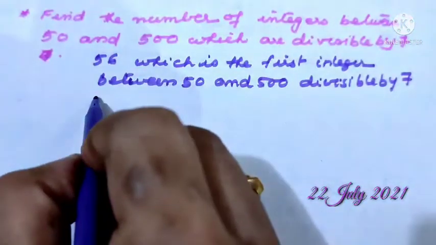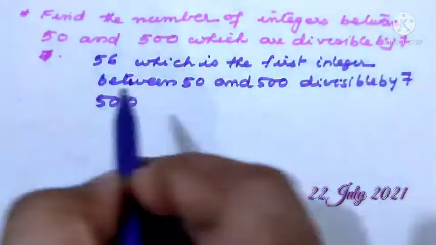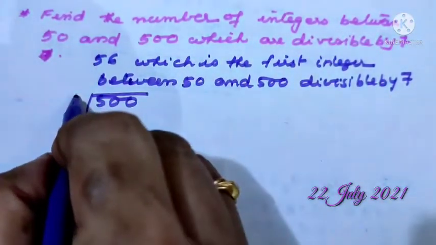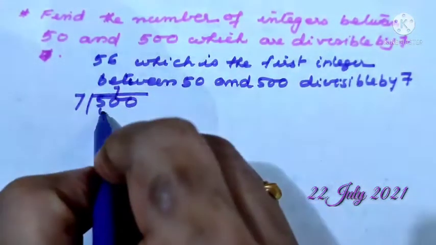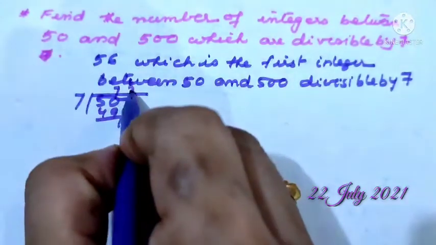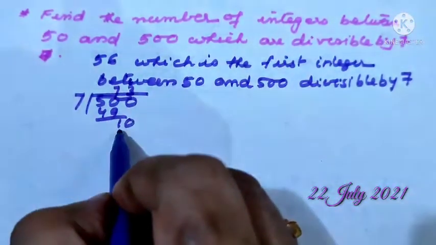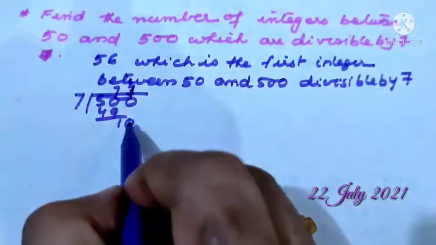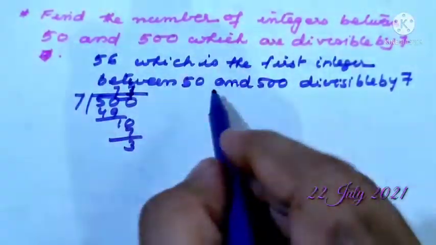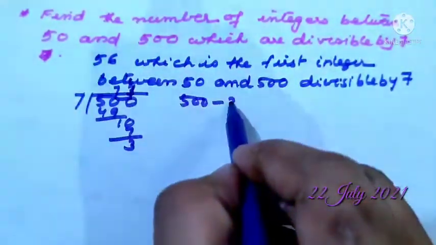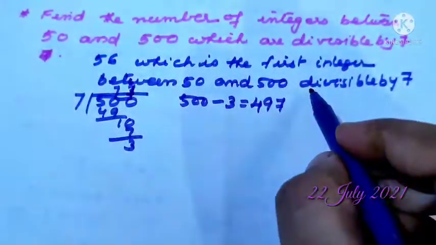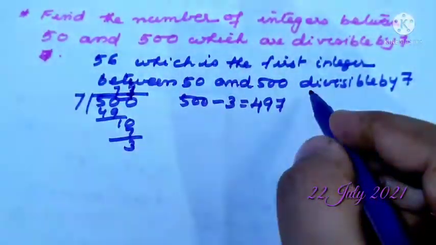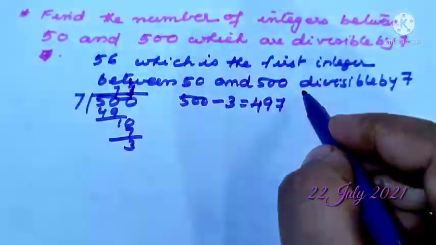Now 500 if we take, then which is the number? So we are dividing with the 7, 7 sevens are 49, 1, 7, 3 is the remainder. So 500 minus 3, it is equal to 497. So 497 is the greatest integer which is divisible by 7.